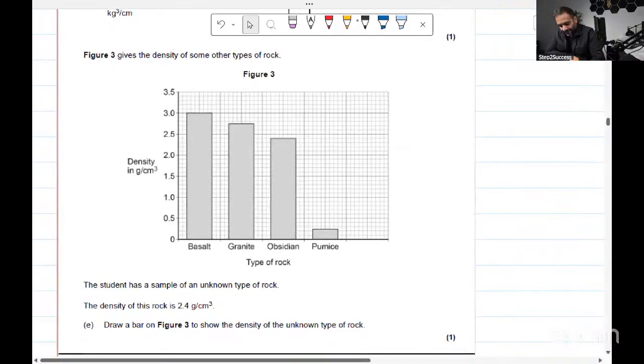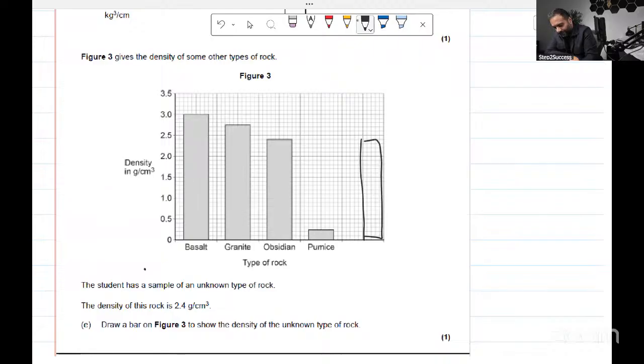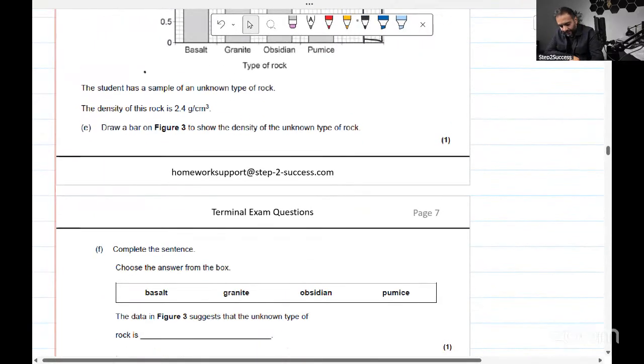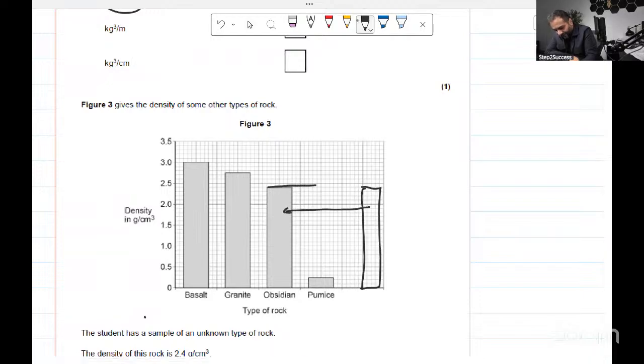This student has a sample of an unknown type of rock. Density is 2.4. Draw the bar. So 2.4 is somewhere there, so you'll have a bar that goes something like that. The data suggests that the unknown type of rock is, well, the idea of this question is that the density of this rock and this rock is exactly the same, which suggests that those two are the same rock, obsidian.